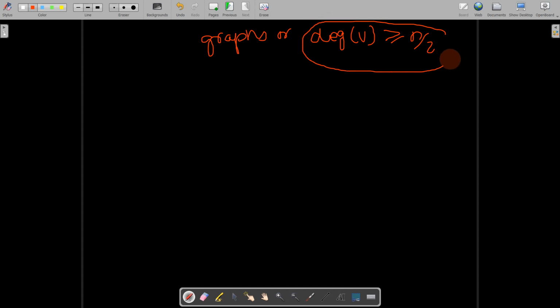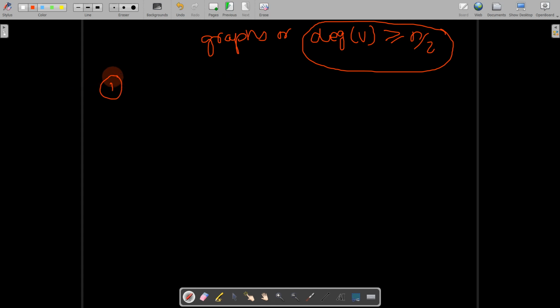Then we do have a test that is sufficient to conclude that this graph will have a Hamiltonian cycle, but it is not necessary. That means a graph that does not satisfy this condition can also have a Hamiltonian cycle. Okay. So first, for the proof of Dirac's theorem and Ore's theorem, we need two results.